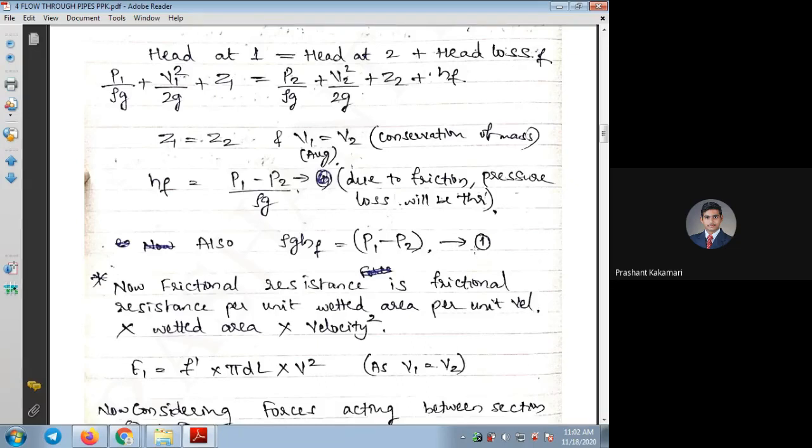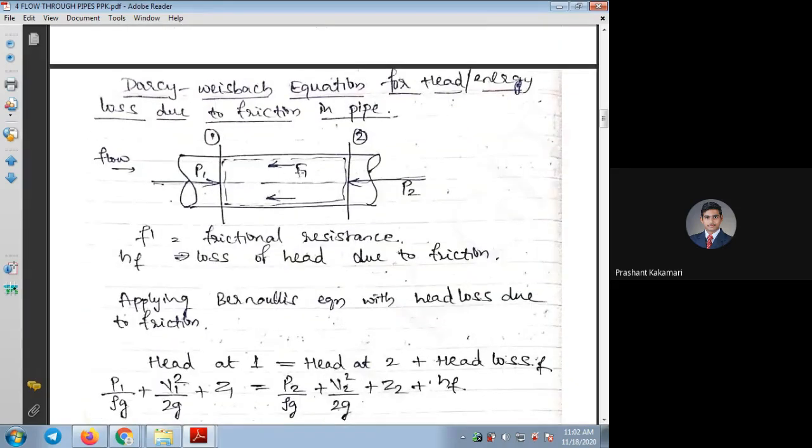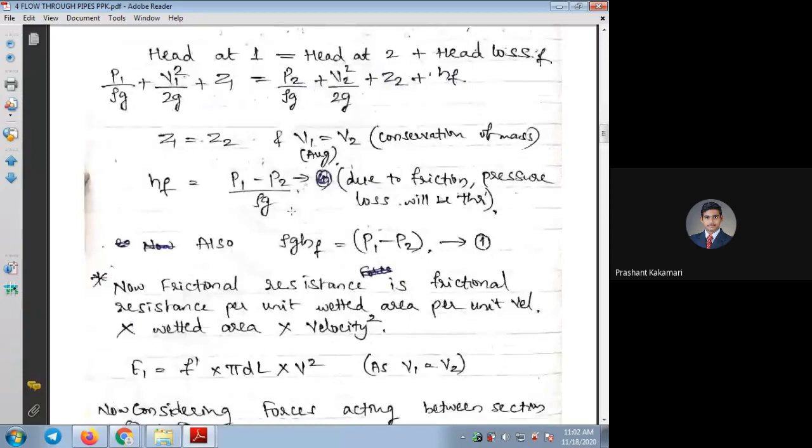Now, important here is to introduce a new term. What is that new term? That is frictional resistance F1. The frictional loss, or the frictional resistance, that we have considered as F1, can be written by the definition as the frictional resistance per unit wetted area per unit velocity, given by f dash. F1 is the total frictional resistance. Small f dash is the frictional resistance per unit wetted area per unit velocity.